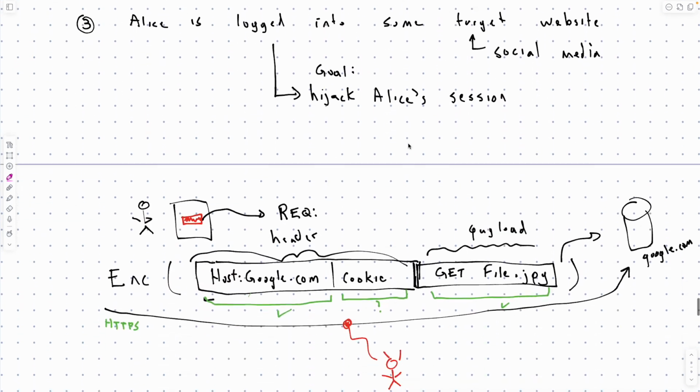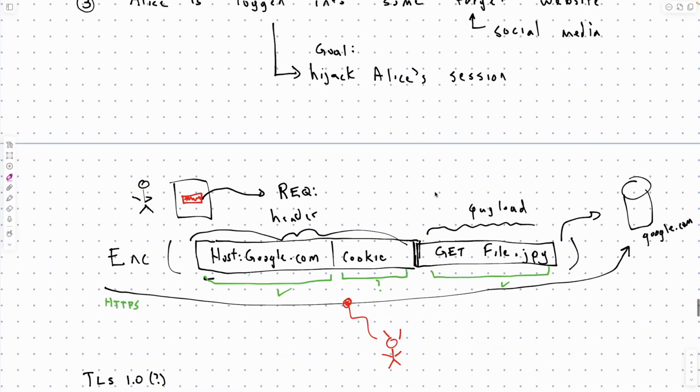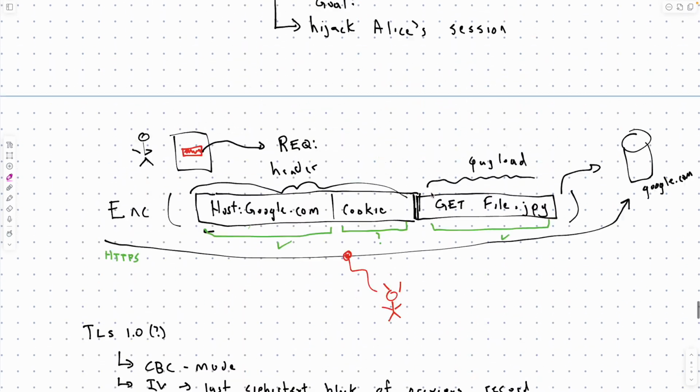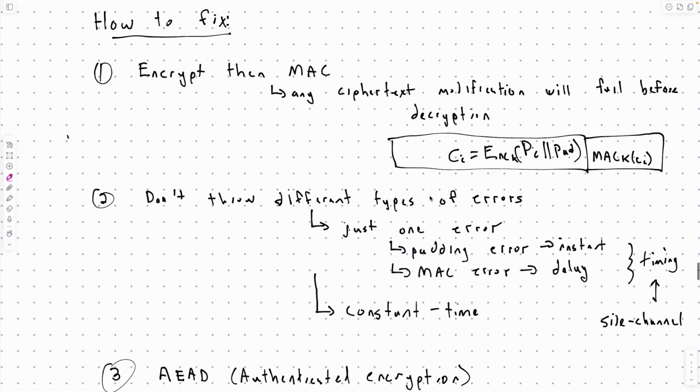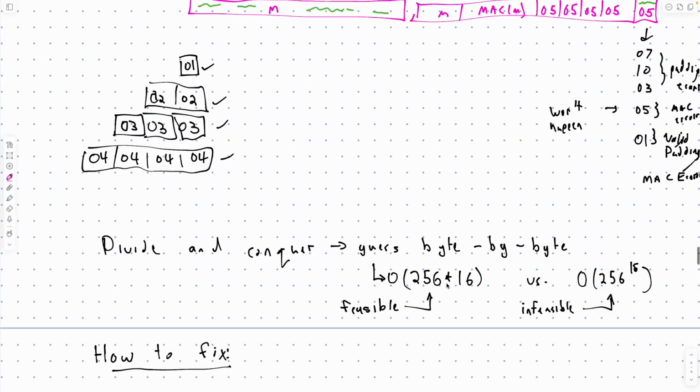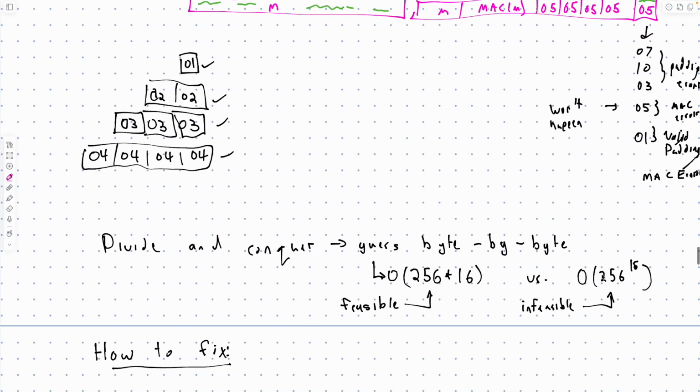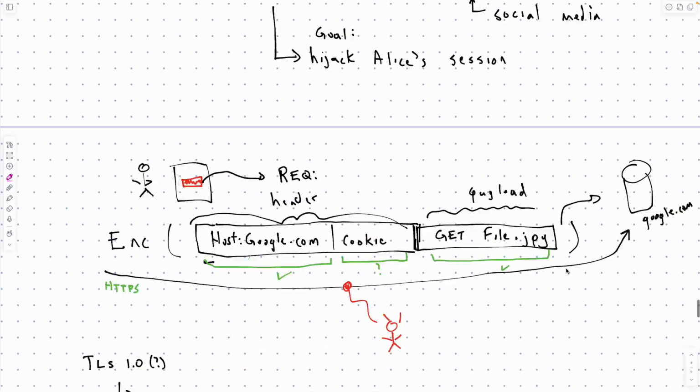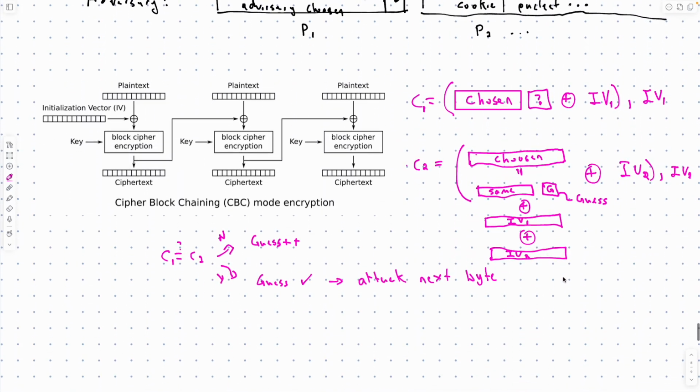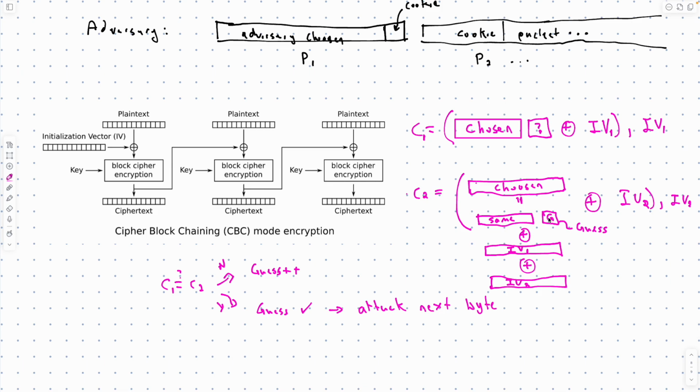So it's going to be like 256 times 16 rather than 256 to the 16. So I write in a guess, 0, 0.